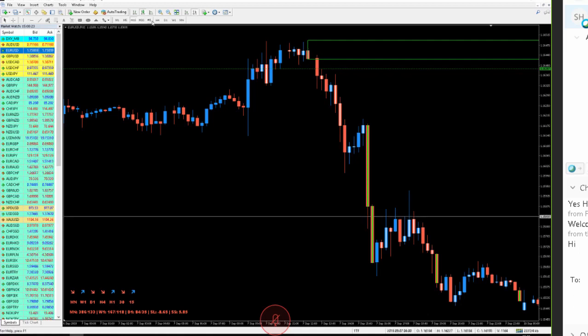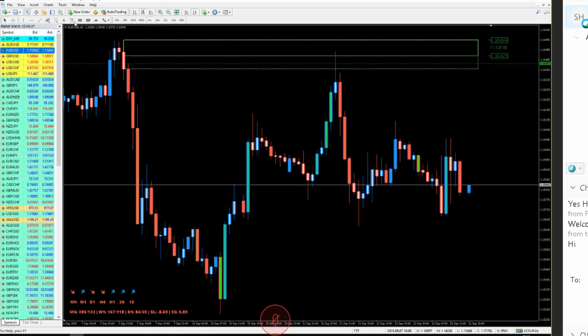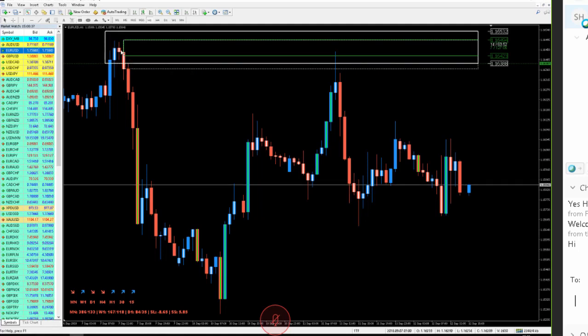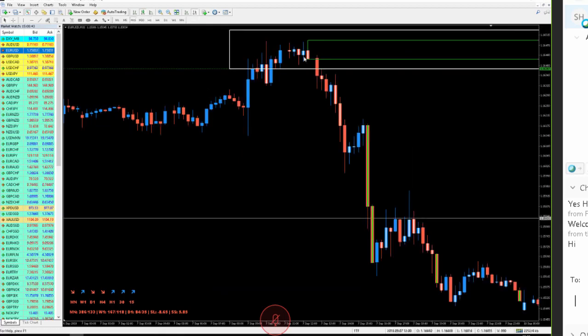And so ideally what you need to do, let's go to a different time frame so we get different colored rectangles, is you would start scaling in from here, and you would keep going until price reaches your entry, which would be in here. So this is the beginning of the sell zone, and this is kind of the last price window.